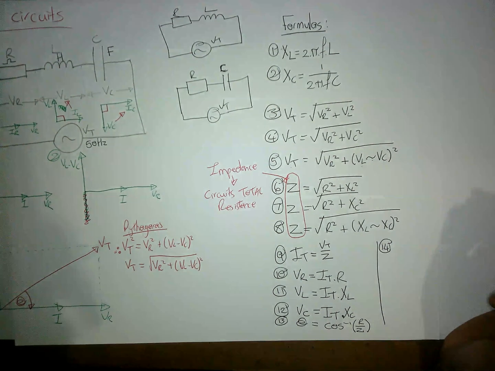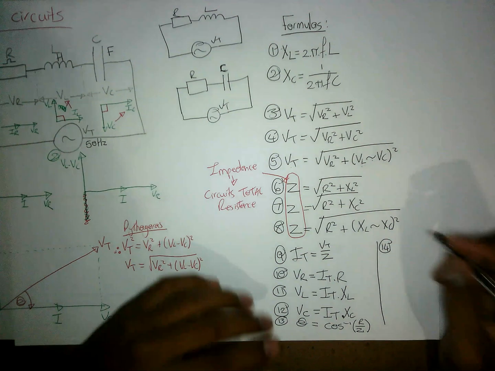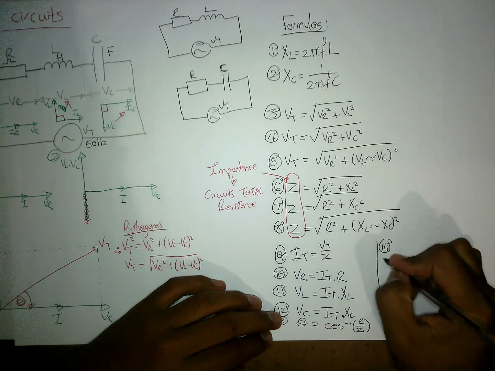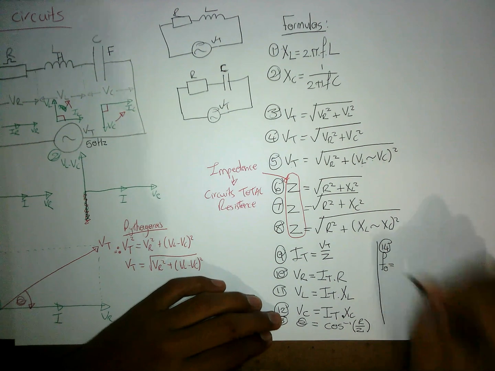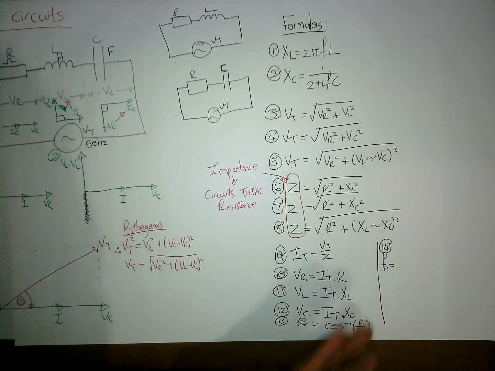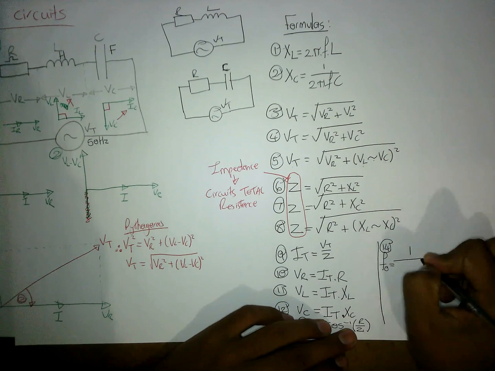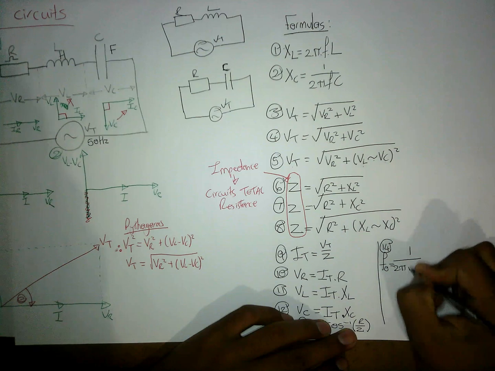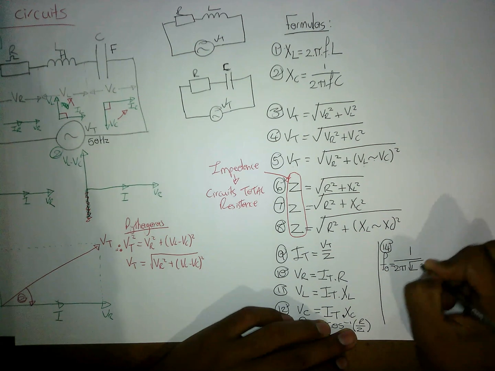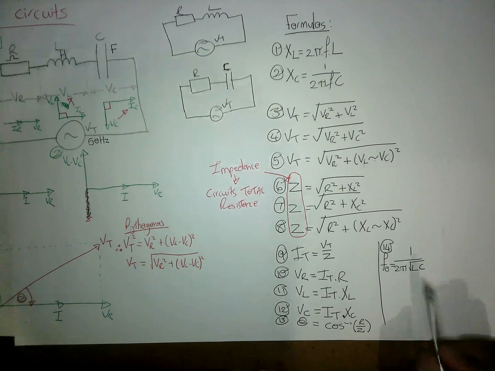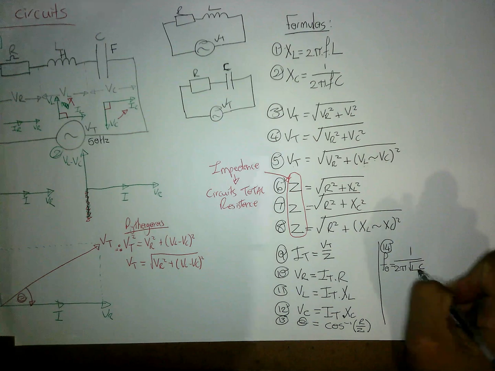For number 14, our resonant frequency, FR, equals 1 over 2 pi square root of LC.